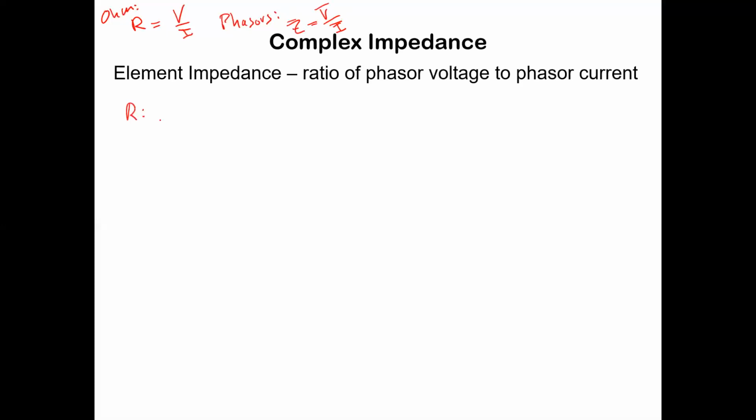So, in resistors, we say VR is going to equal R times the current through the resistor, IR. And if IR of t is some Im cosine of omega t plus theta, then VR of t is going to be R times Im with the same phase angle.